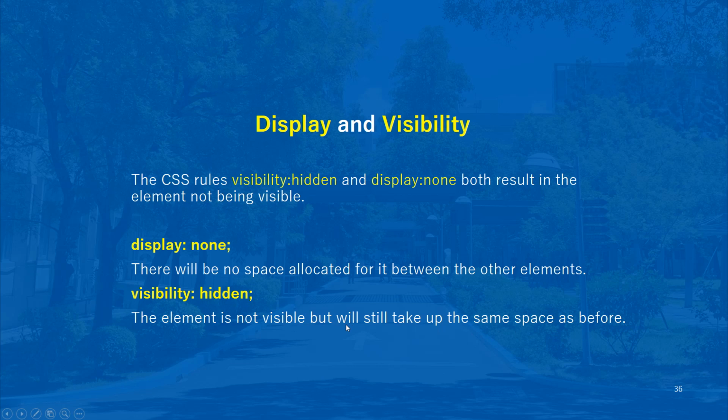So if we set visibility hidden, we cannot see it, but there is still space taken up for the element. But if we set display none, there will not be space allocated for it between other elements. That is the difference between these two.